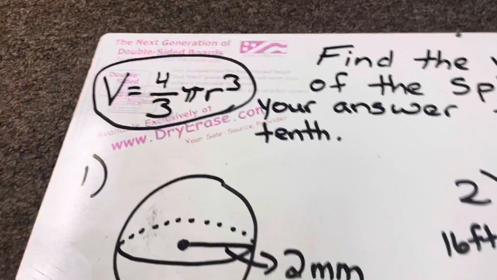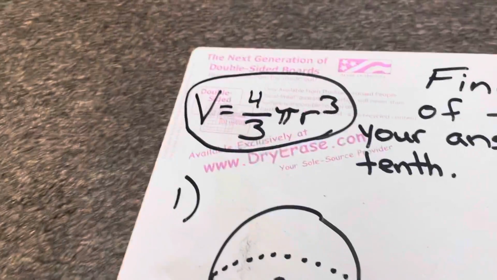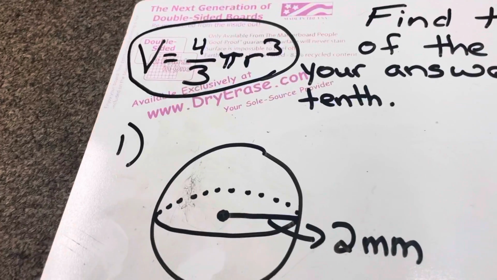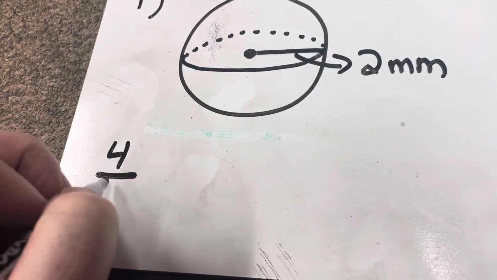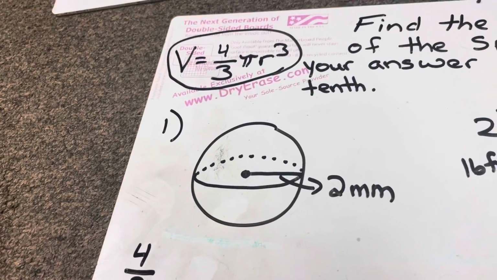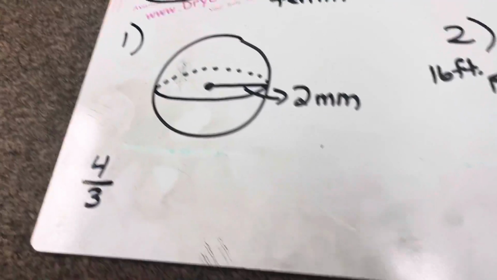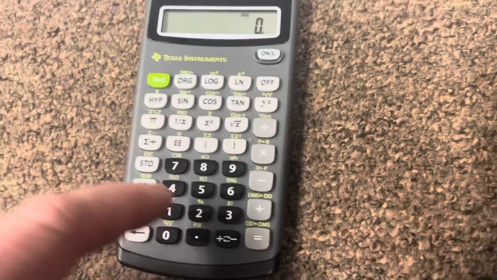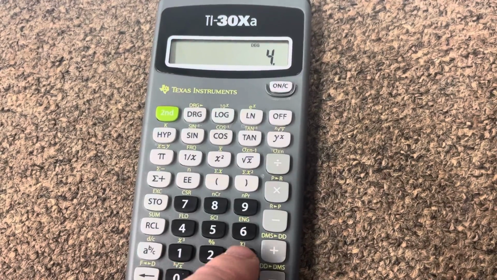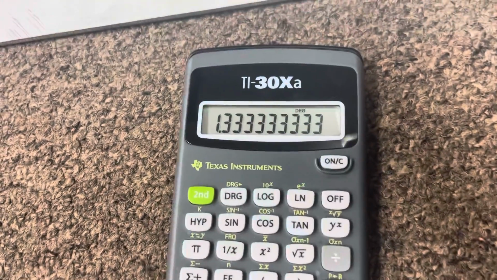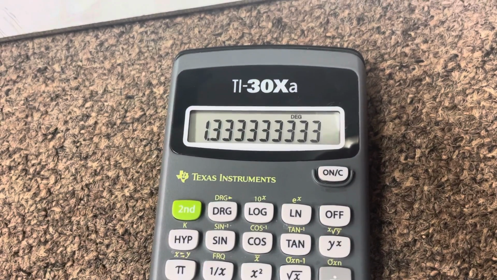If this is the formula we're using, 4 over 3 times pi times radius cubed, we know we're going to use 4 over 3. Since we're using a fraction, if you actually do 4 divided by 3, and I'm only going to do this once to make the point, we're going to get a repeating decimal, 1.3333333333.